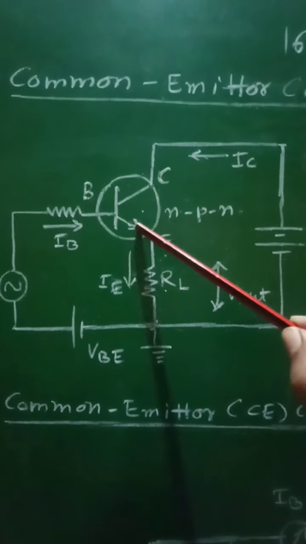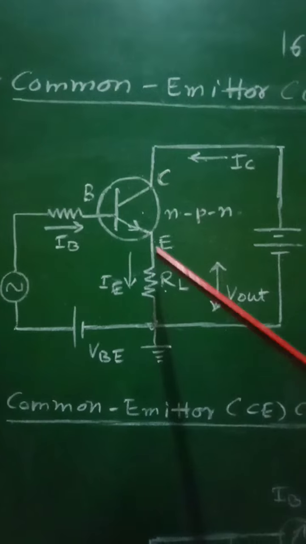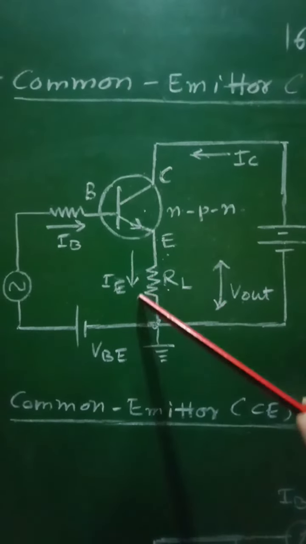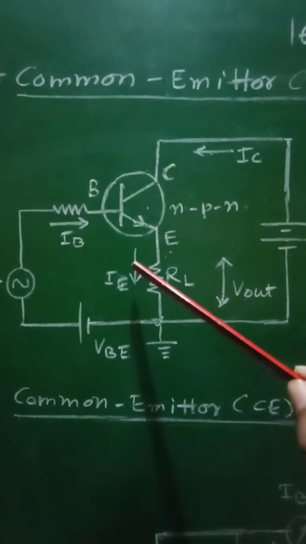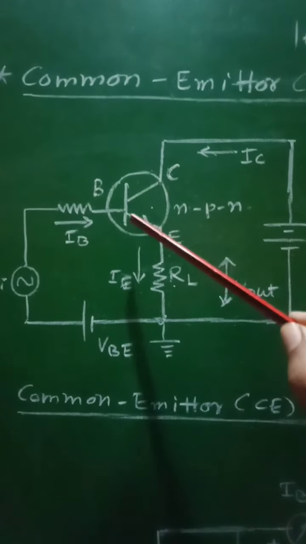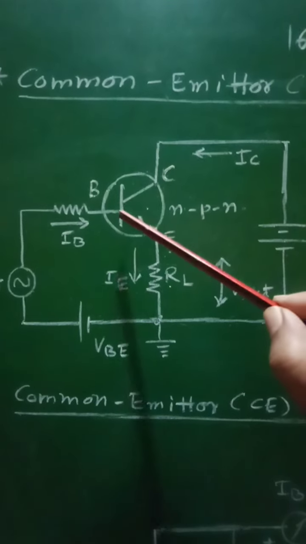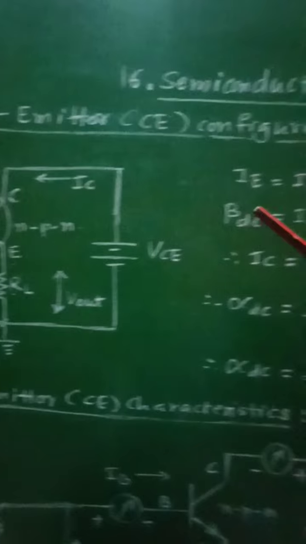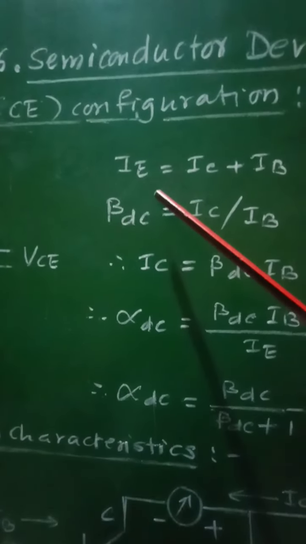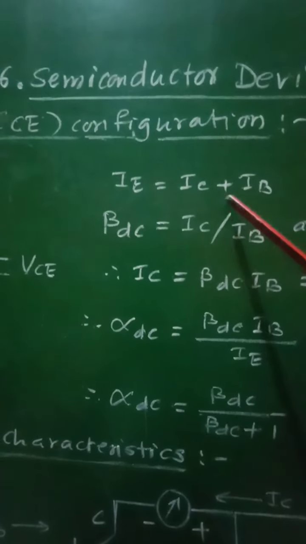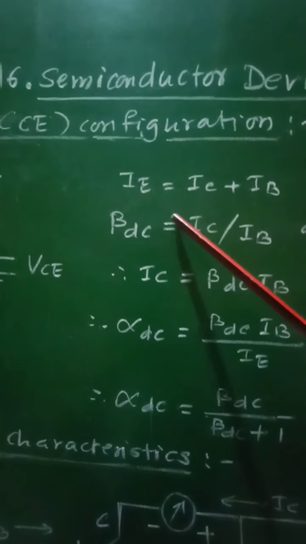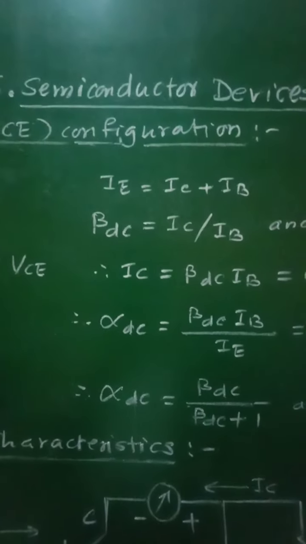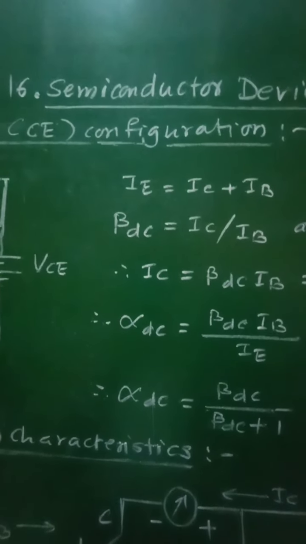Therefore we can say that current flowing out of the transistor IE must be equal to the sum of the currents entering the transistor, that is IC plus IB, and therefore IE is equal to IC plus IB. That will be the total current IE.